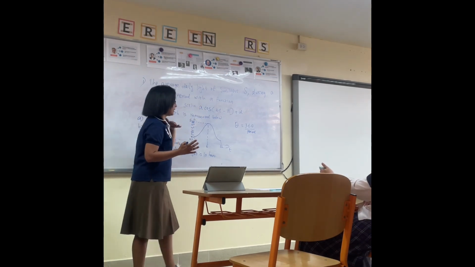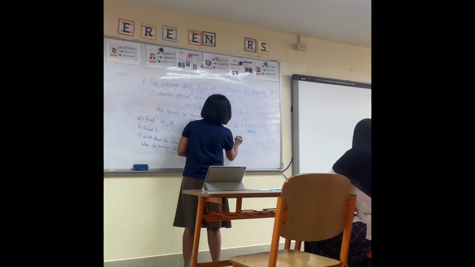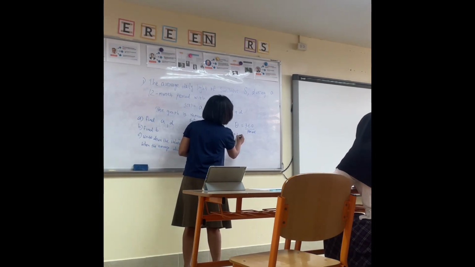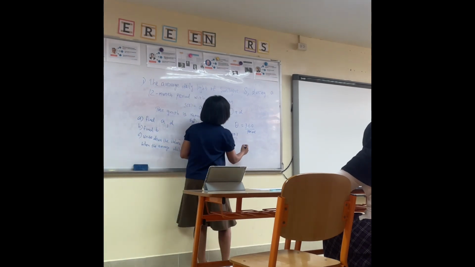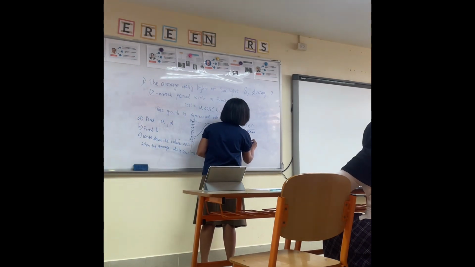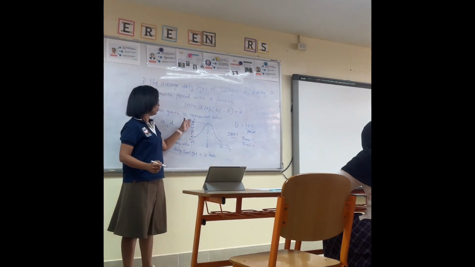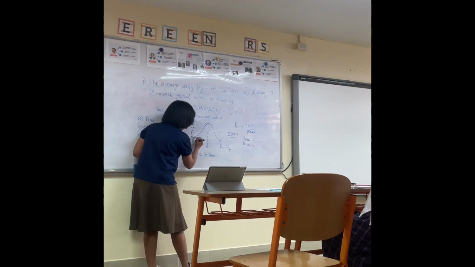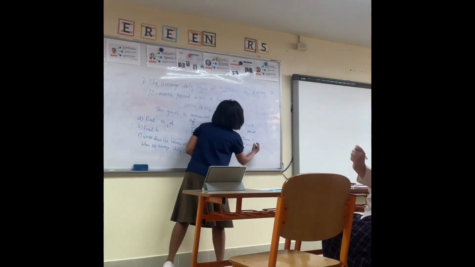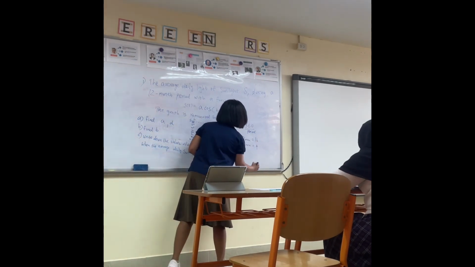And in step 1, first identify, also you need to write D max and also D minimum. What is the maximum and minimum value? 16 and minimum? Yes, 4. So 16 and 4.